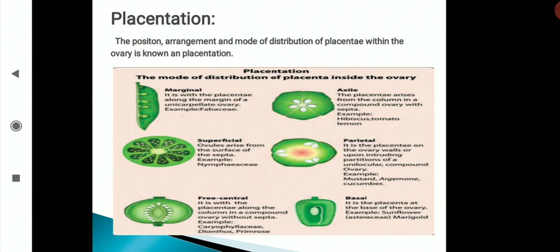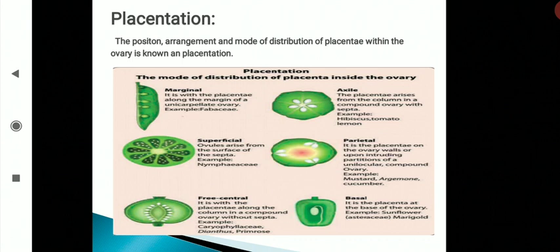For example, in Cucurbitaceae. I hope you have seen the arrangement of seeds in the cucumber. The seeds are arranged towards the peripheral region or outer side. So this is a parietal type of placentation. In Brassica, the ovary is bilocular due to the formation of a false septum or replum.